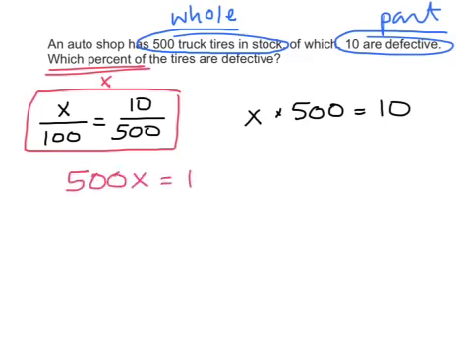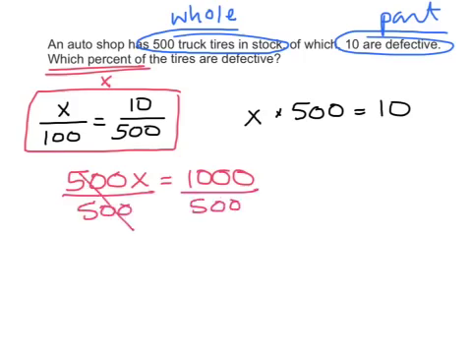500x equals 1,000. And when I divide by 500 on both sides to solve for my x, I end up with x equals 2. However, remember, story problems, we should have sentences for our answers. So, what does this 2 mean?